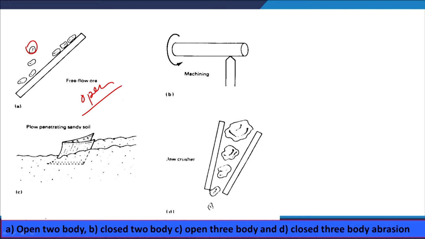And when one member and the other member are fixed relative to each other, and then relative movement causes removal of the material, similar to machining, this forms the closed two body abrasive wear. And the open three body abrasive wear is this situation, where this is the shovel being used to remove the sand.